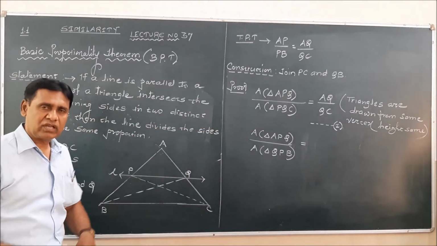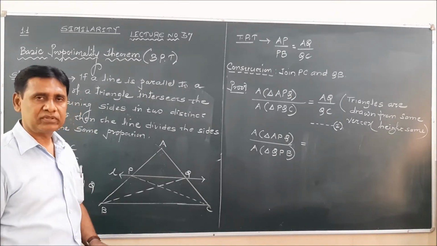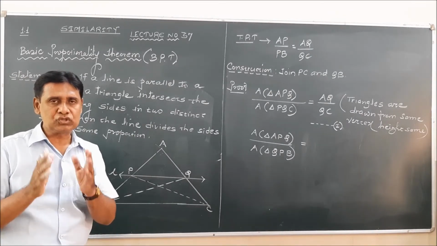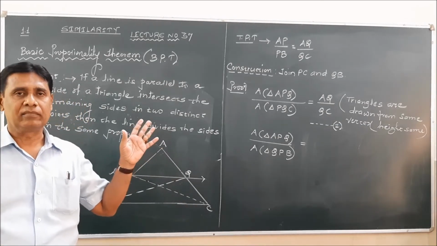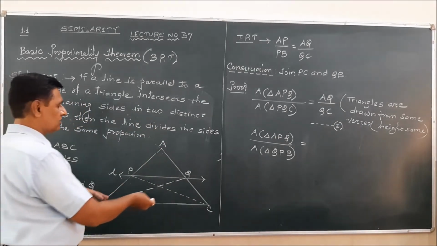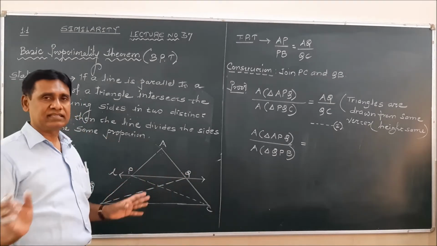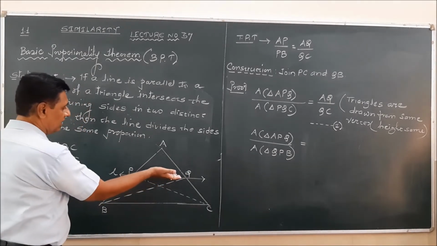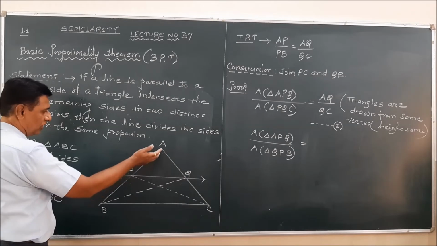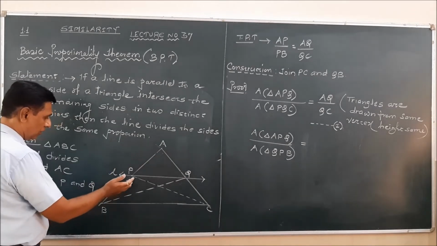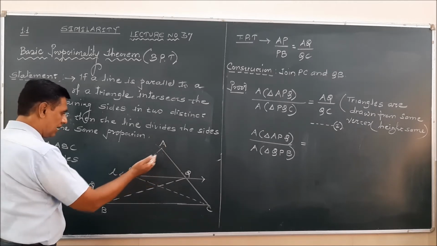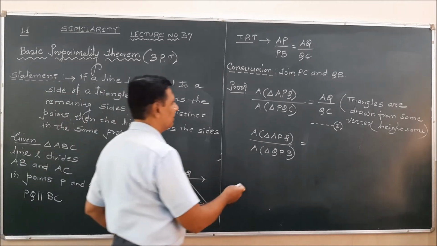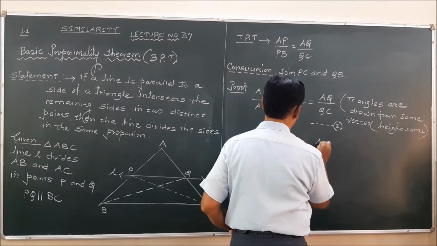same theory, because in the first case we used the third property that whenever two or more than two triangles are drawn from the same vertex, height is same. In the same way, the triangles are drawn from vertex Q, height same. Therefore, their areas are proportional to their corresponding bases AP upon PB. For triangle QAP or PAQ, one and the same, base is AP upon PB.